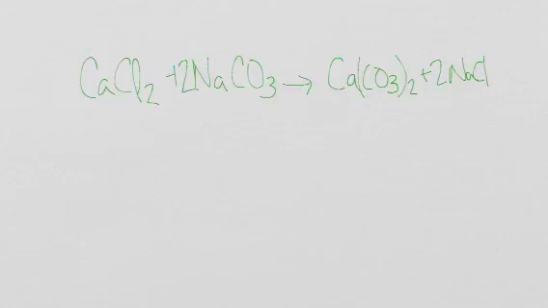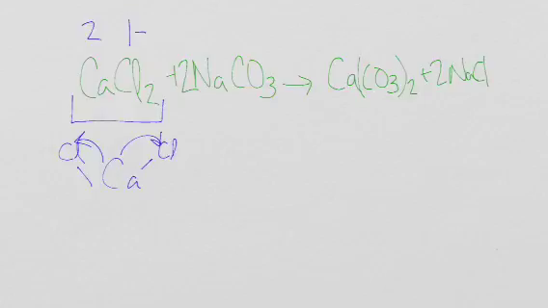And that's because we know that calcium over here has 2 valence electrons. Chlorine needs 1 valence electron, it's got 7. So that's why Ca is bound to 2 Cl's, because of the 2 valence electrons, one of them goes to one Cl and the other one goes to the other.